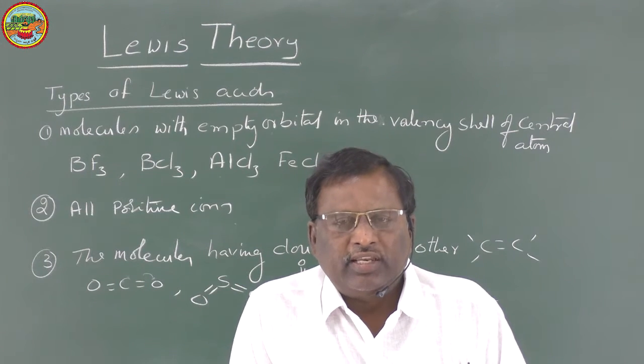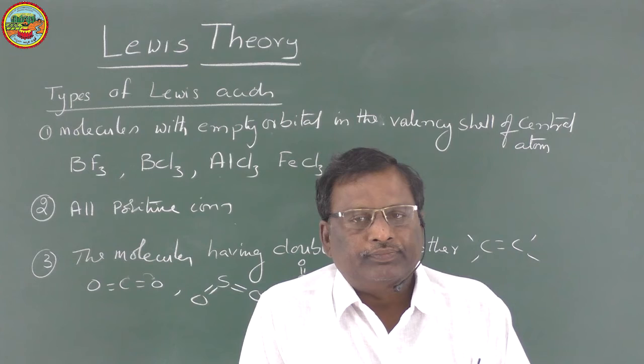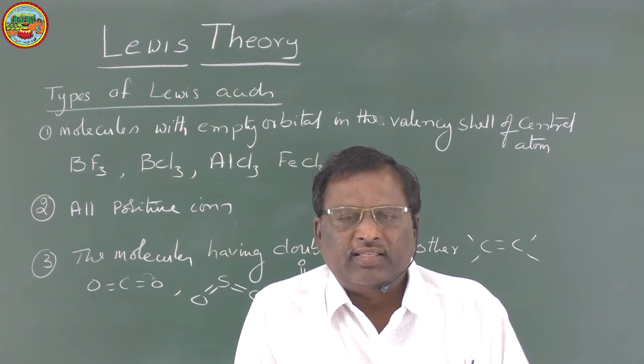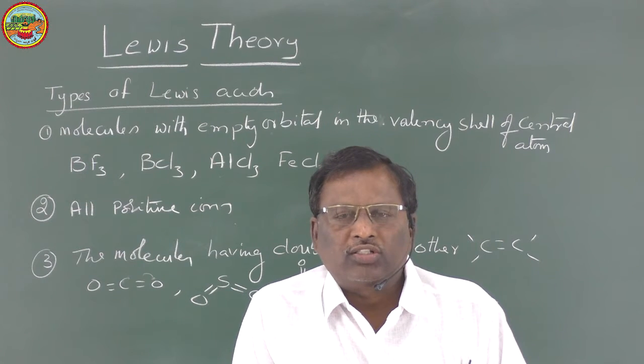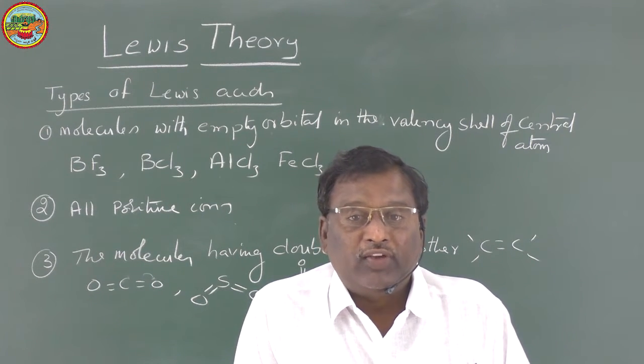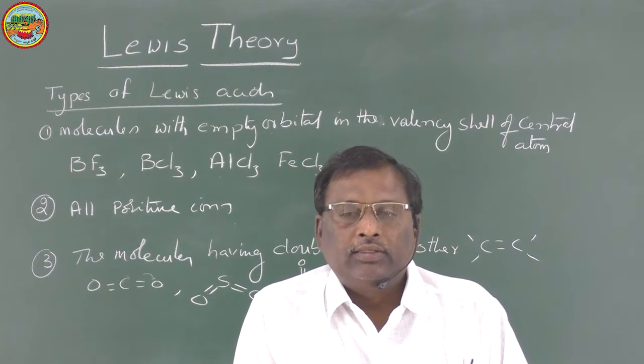Examples: BCl3, BF3, AlCl3, FeCl3, etc. are Lewis acids. All these species can take a lone pair of electrons from other species. Lone pair of electrons means a non-bonding pair of electrons in an ion or a molecule.